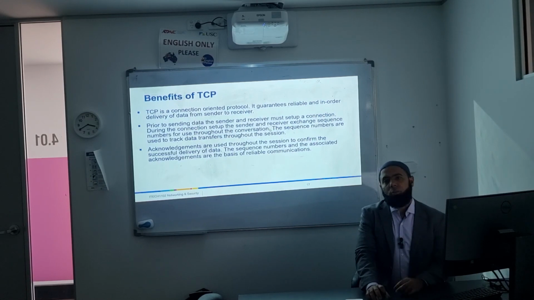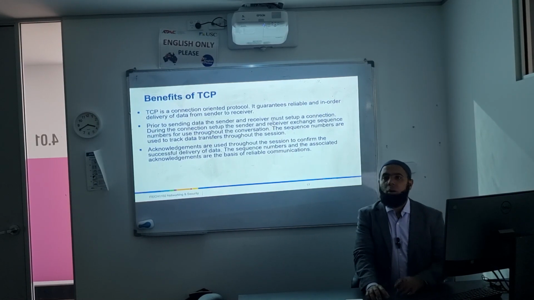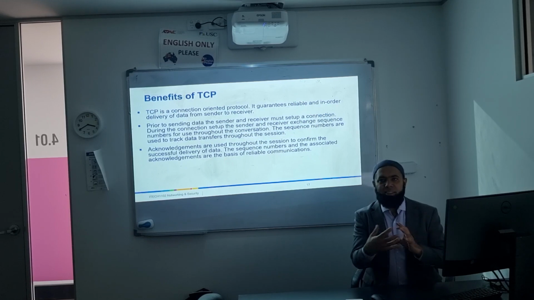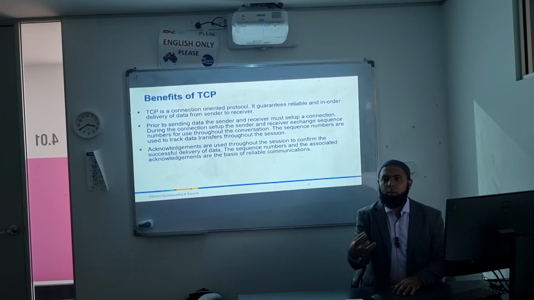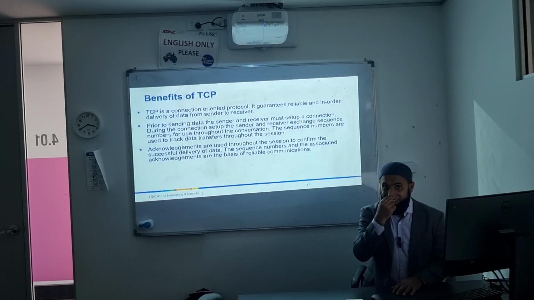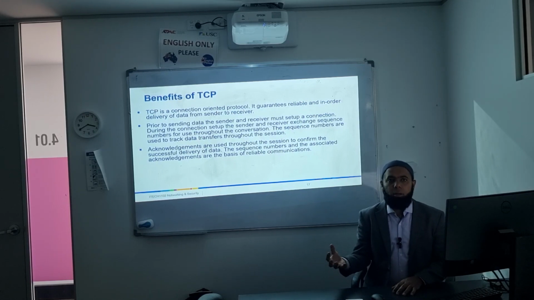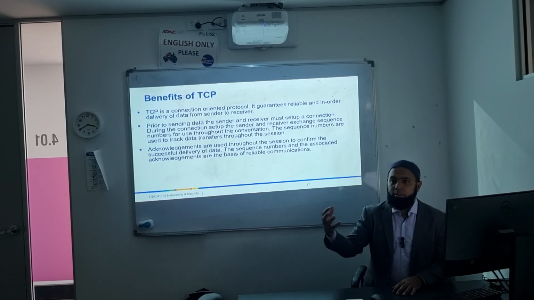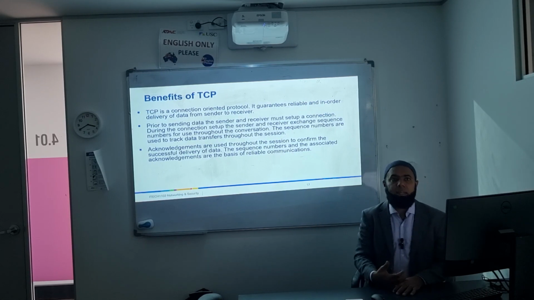So TCP is a connection-oriented protocol, not the way UDP is. In TCP, it first makes the relationship and then starts sending the data. In that way, we are sure that wherever we are sending the data, the receiver knows it, and that receiver will send me the acknowledgement as well, that yes, I have received that.